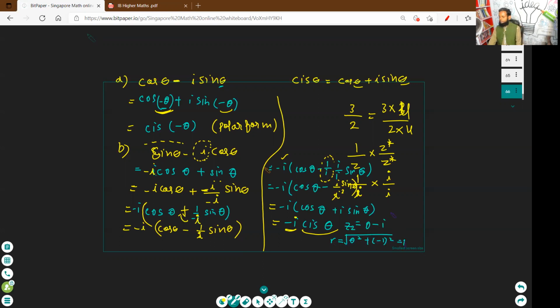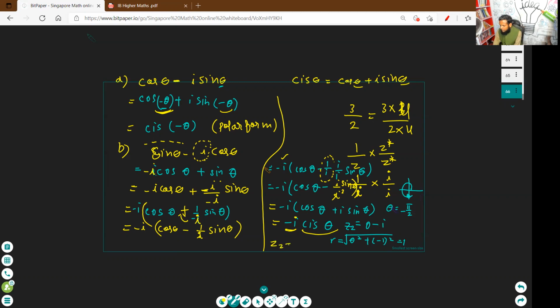Yes, great. For theta, you should draw it. In this way you can find it. The point is 0, negative 1, so it's this angle, negative pi over 2. Minus pi over 2.